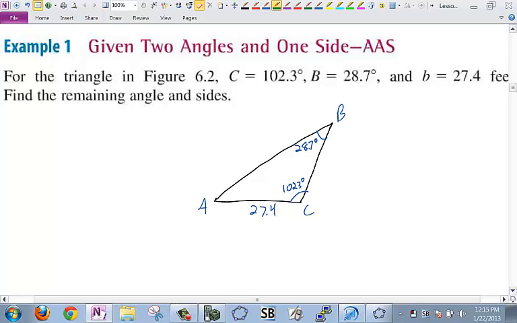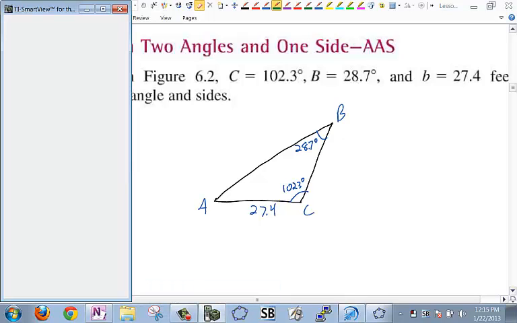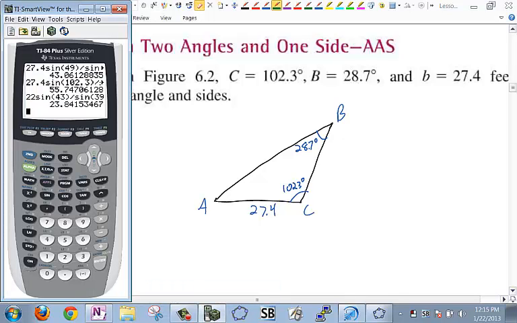Now, technically those are the only 3 pieces of information about the triangle that we know, but what additional piece of information do we basically know? The other angle. Yeah, we know the third angle for sure. So in your calculator you would do 180 minus 102.3 minus 28.7.